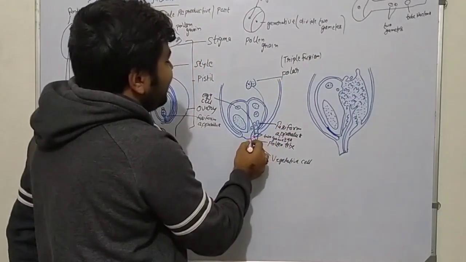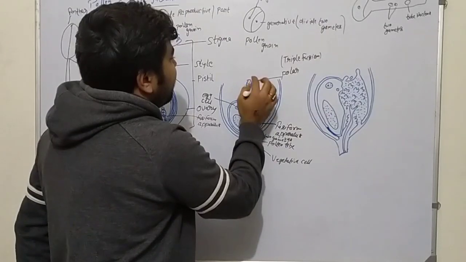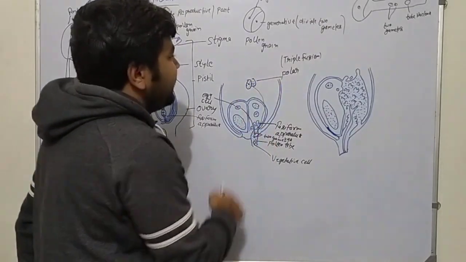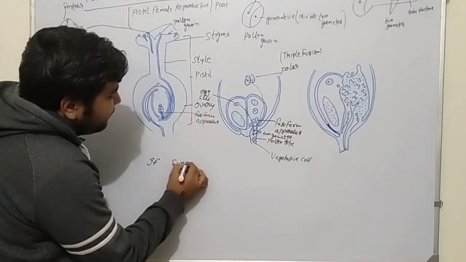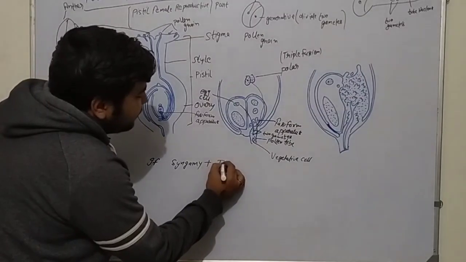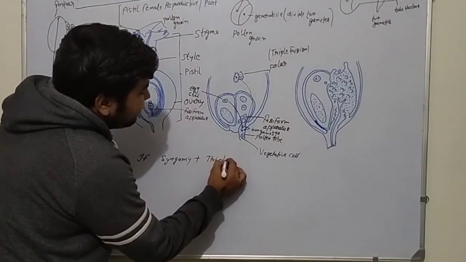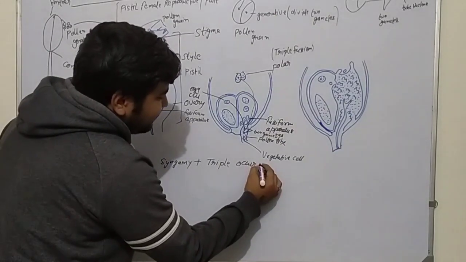Because triploid cells are formed by interacting polar nuclei with the gametes. If syngamy and triple fusion occur at the same time, this is called double fertilization.